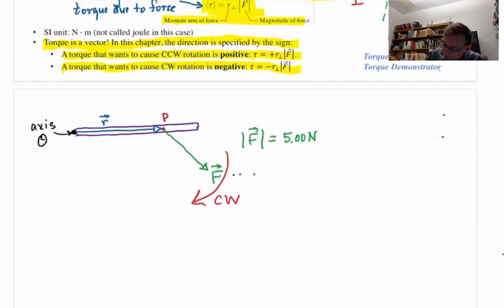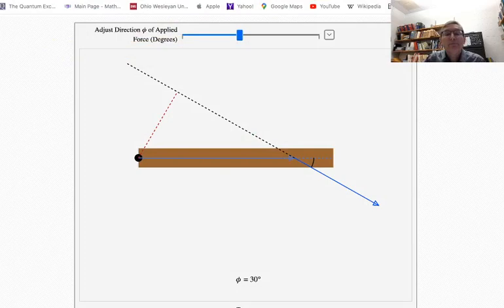Let me tell you two other pieces of information. The magnitude of that position vector R. How long is R? We're going to take that to be 0.750 meters. And then one more thing. Let me show it to you on the animation. It's marked, it may be a little bit subtle, as a black arc right there.